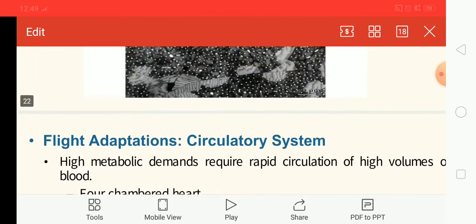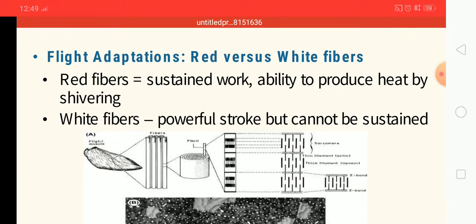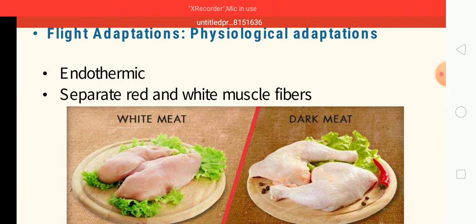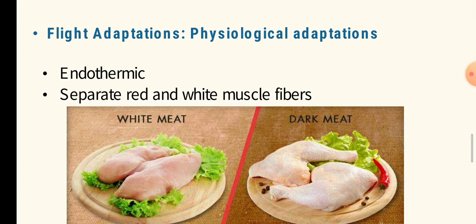Before this, we discussed the separate red and white muscle fibers, and there are also flight muscles. The action of the wing is controlled by the flight muscles, which are greatly developed, weighing about one-sixth of the entire body, while the muscles of the back remain greatly reduced.